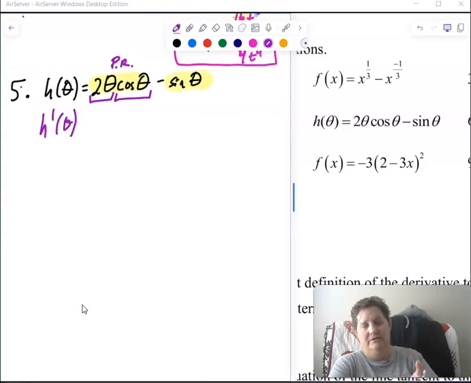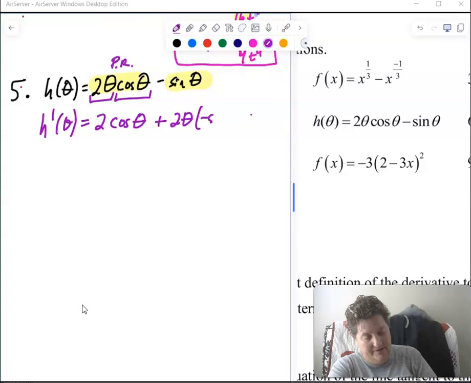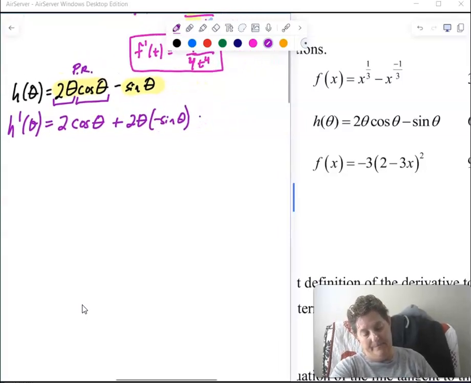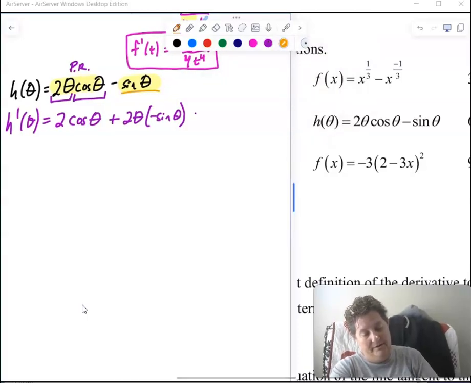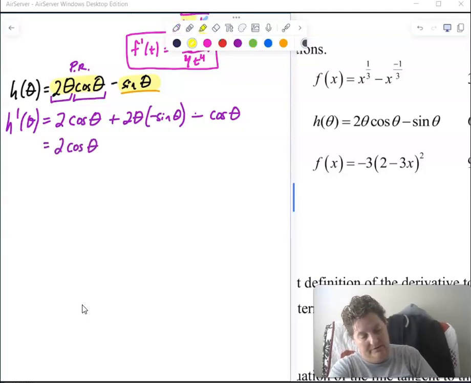And so it would be like saying, I do need a product rule. My product rule goes derivative of the first times the second, and then first times derivative of the second. The derivative of cosine is negative sine. Okay, that was just that part. Now I'm going to do this, and it's going to be minus the derivative of sine. So what I'm going to do is negative to negative.